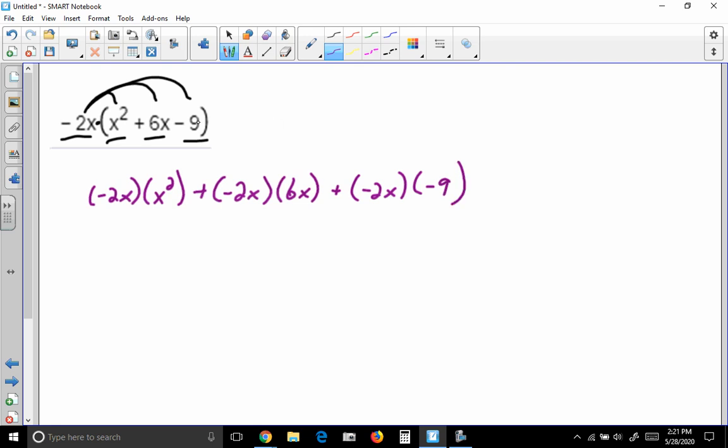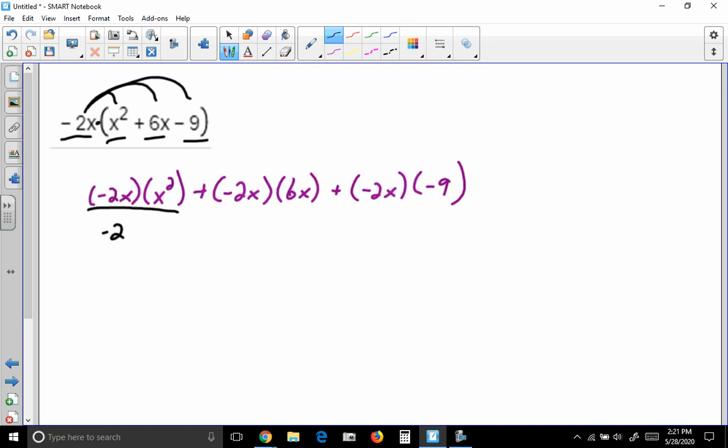Keep in mind, this sign goes with the 9, so it's all of this times negative 9. There are a couple different ways to write this, but this lets us see what we are distributing and what it is going to.